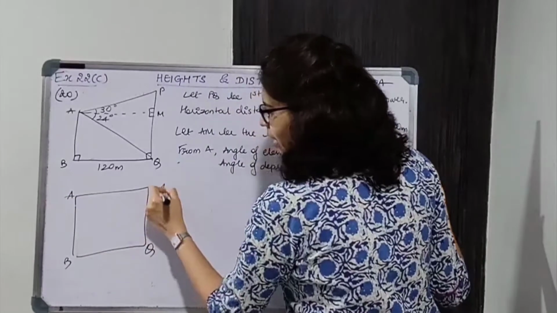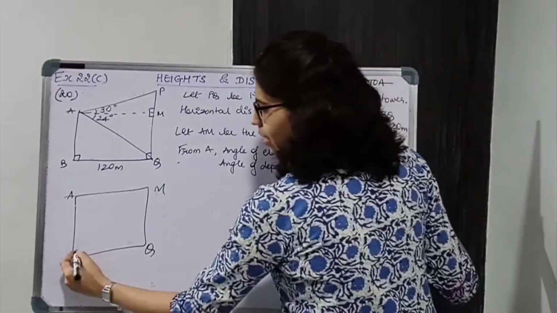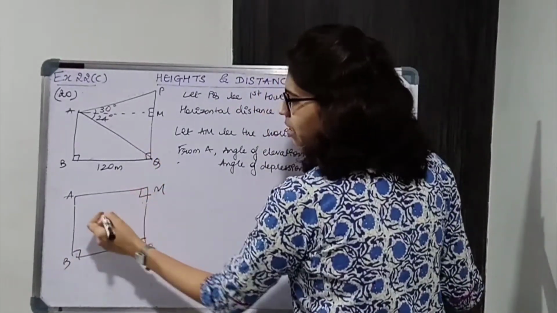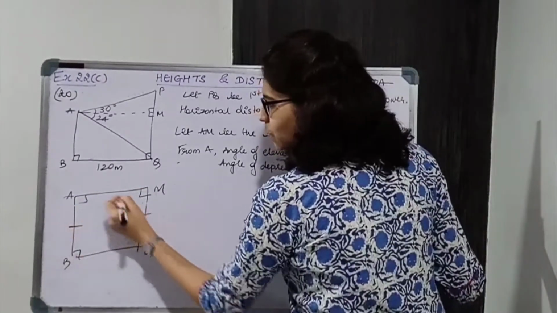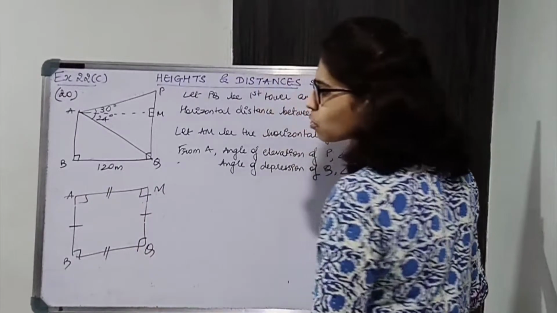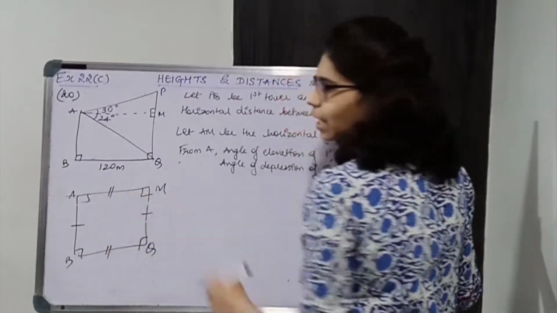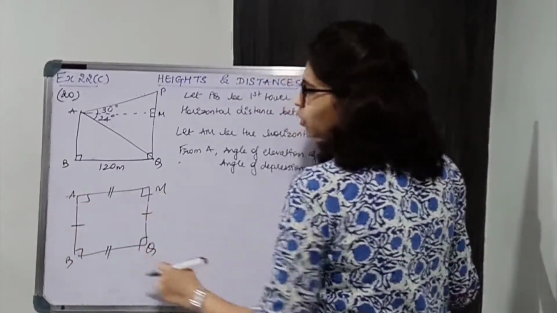ABQM is a rectangle. Because ये 90 degrees है, ये 90 degrees है, this angle is 90, so obviously fourth angle is also 90. So this is a rectangle. Opposite sides will be equal. So BQ is equal to AM and AB is equal to MQ.